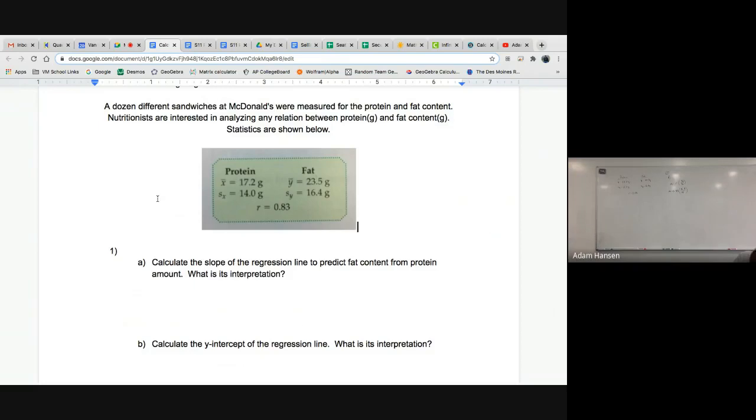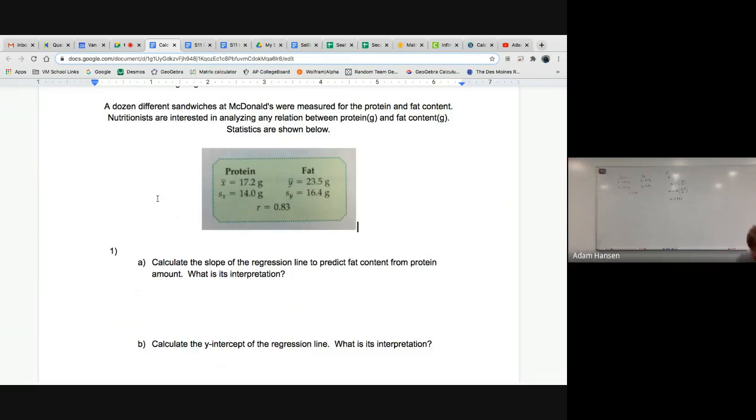Grab a calculator, let's get that typed in. 0.83 times 16.4 divided by 14. About 0.972. Regression line has a slope of approximately 0.972.